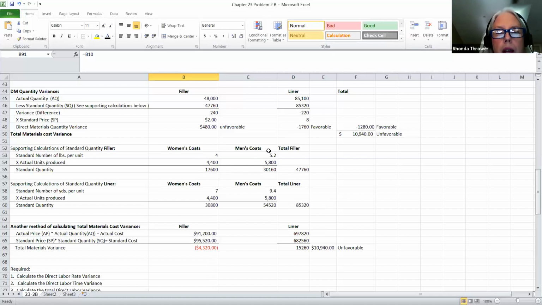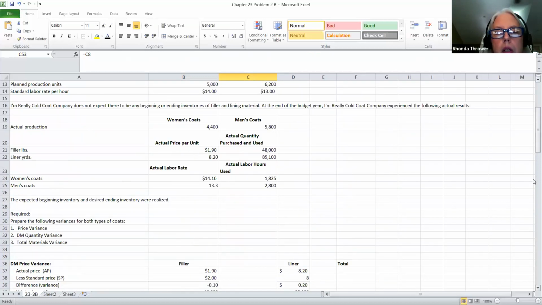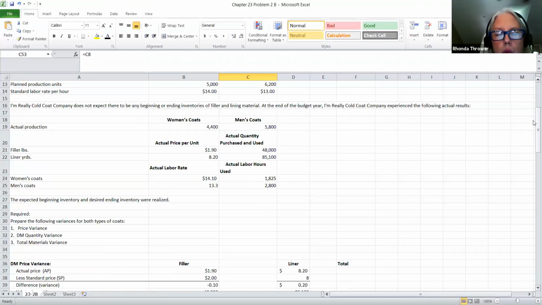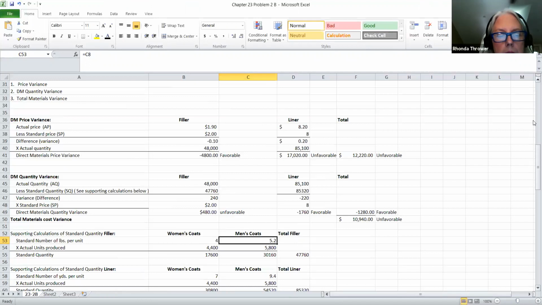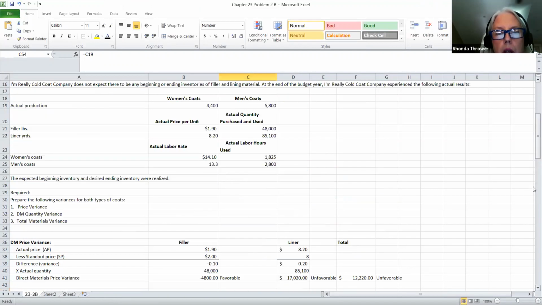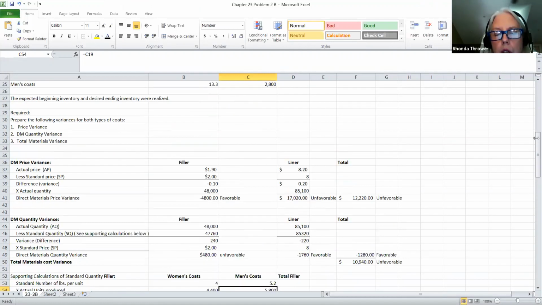You start with the standard number of pounds for the filler. We're only talking about the filler here. And the standard number of pounds for the filler for the men's coats is 5.20 pounds. We're going to multiply that by the actual units produced of men's coats. The actual units produced for the men's coats is 2,800 units.